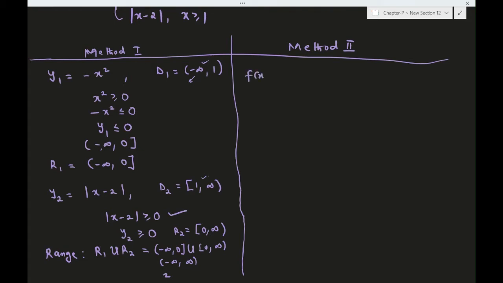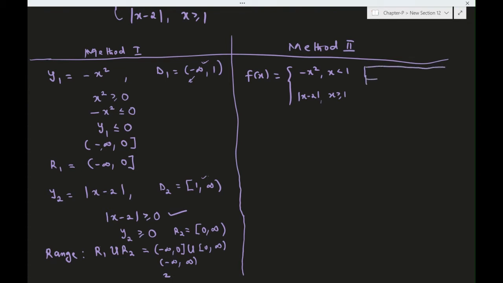This is our function f of x. Remember, it's minus x squared when x is less than 1, and absolute value of x minus 2 when x is greater than or equal to 1. So here, let's have a table.